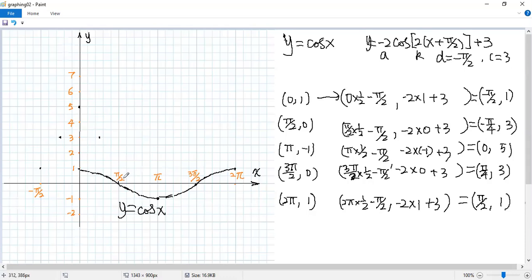Finally, half pi and 1. Then we use a smooth curve to connect them. Like that. That is the graph of the target function in one period.